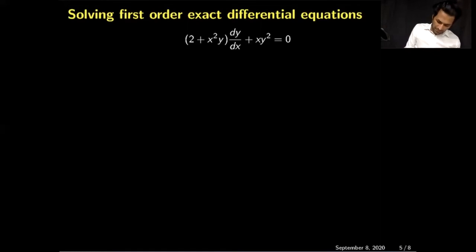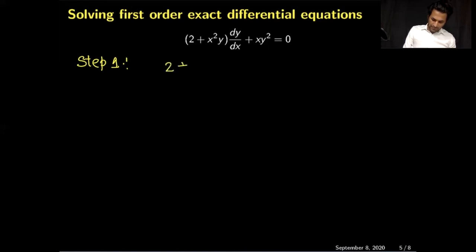In step number 1, I will check whether my differential equation is exact or not. First I will write my differential equation in M dx and N dy form. So I will multiply by dx on both sides.